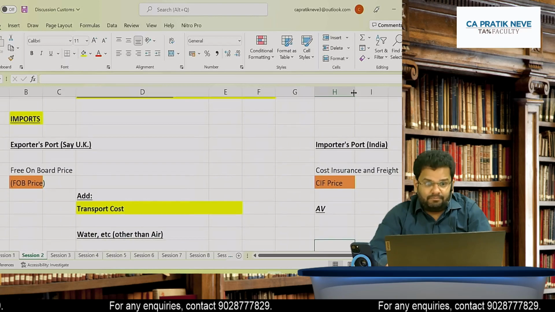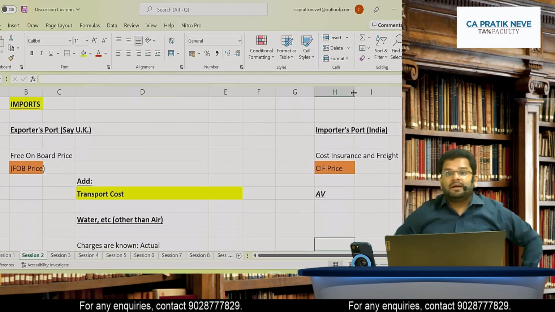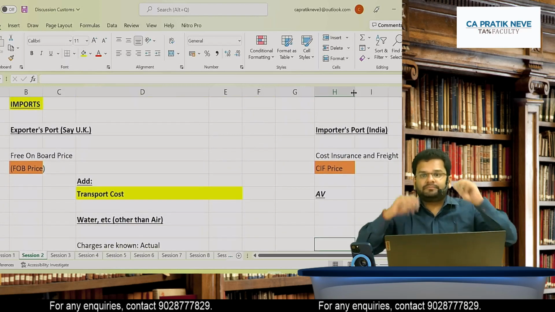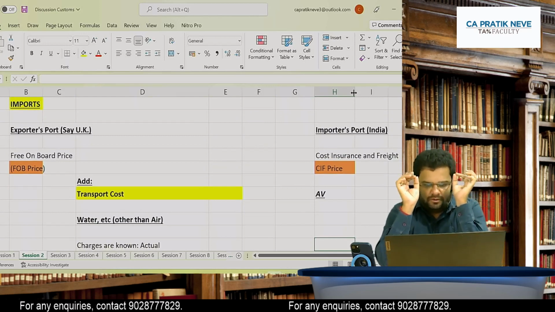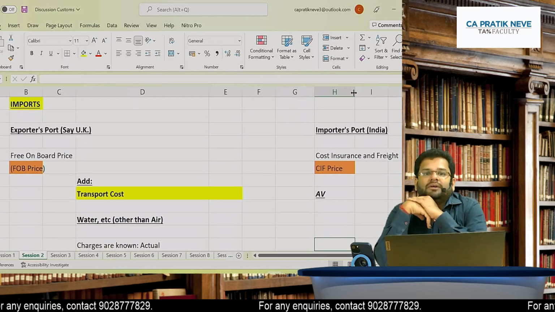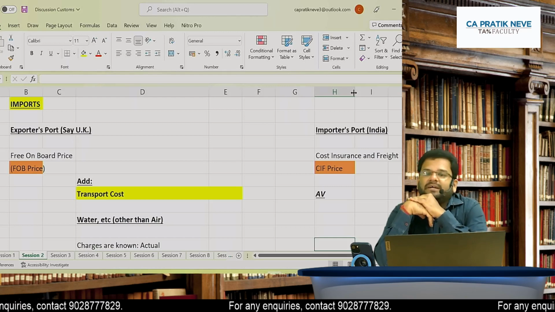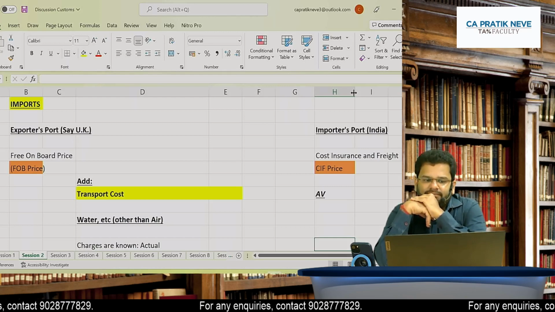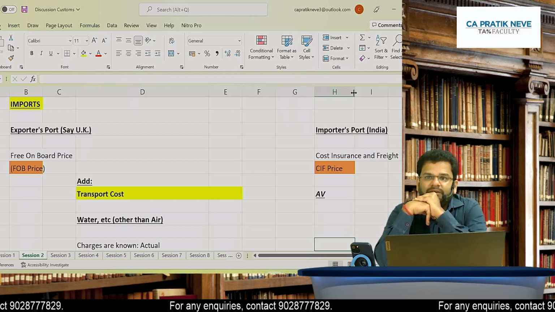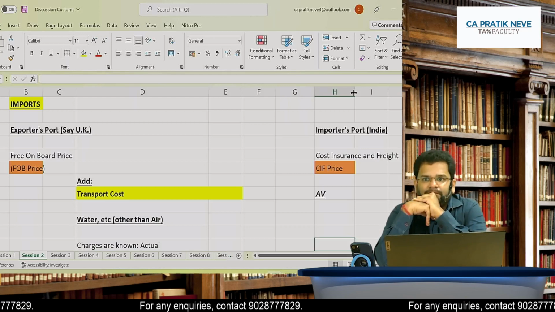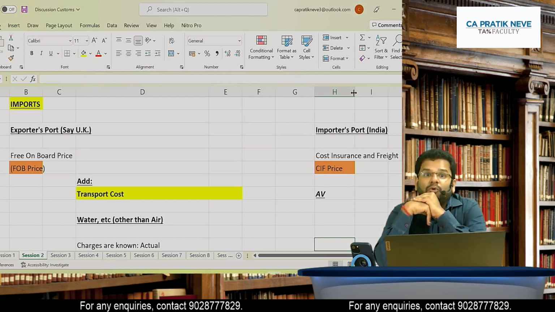Valuation. Before going to anti-dumping duty, let's do valuation. Do we know that it all starts from FOB price? Yes. It all starts from free on board price.